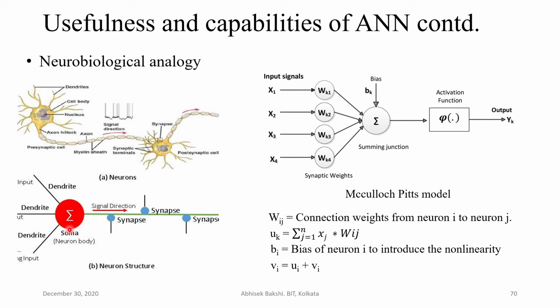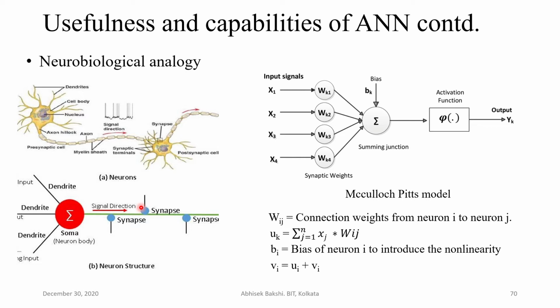This circle accumulates all the information coming from different dendrites, and then that information is transferred through the axon. There are many dendrites of another neuron connected with this axon, which takes the information from the previous neuron to the next neuron, right?